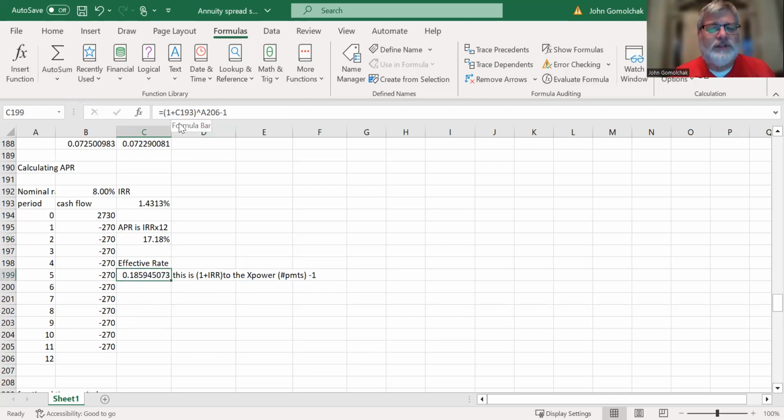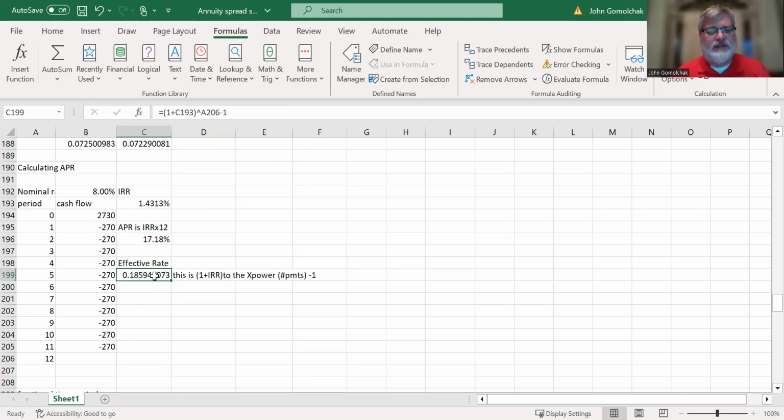So 1 plus C193. There's our IRR. The caret gives us to the power of A206, 12 periods, and then the minus 1.